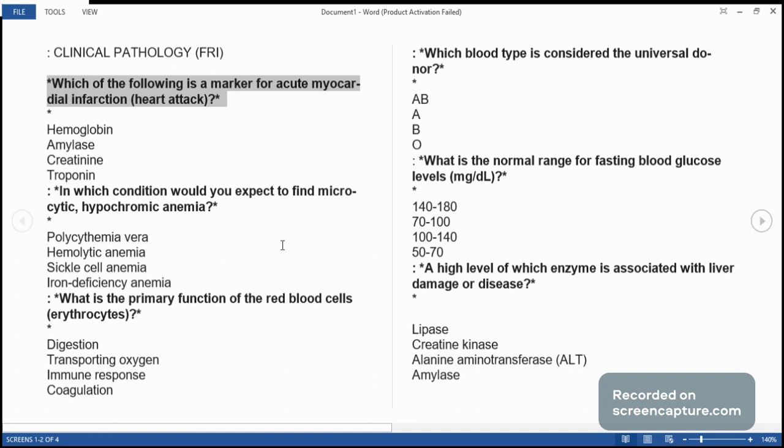The first question is, according to what you can see from your end, which of the following is a marker for acute myocardial infarction? Myocardial infarction is a cardiovascular related condition. Just like heart failure, angina, rheumatic heart disease, or even valvular heart disease, this is also something that deals with the heart.